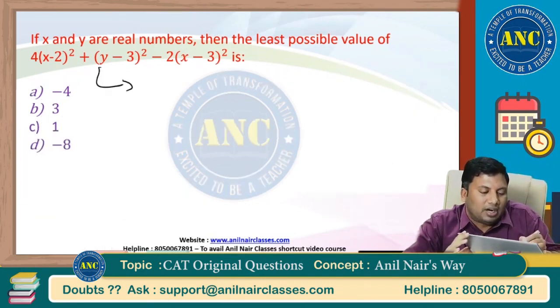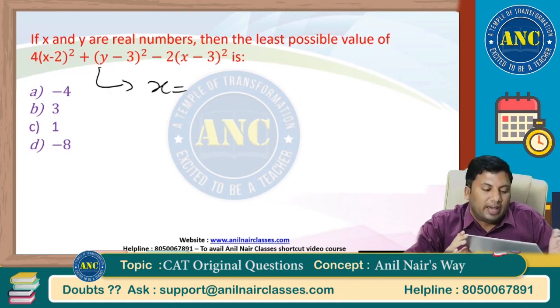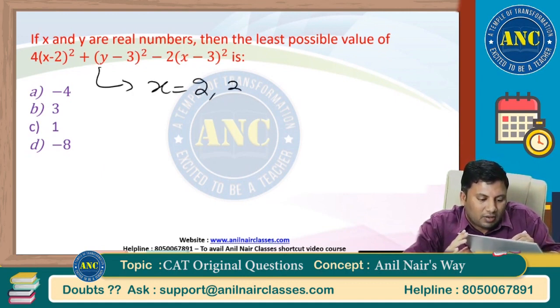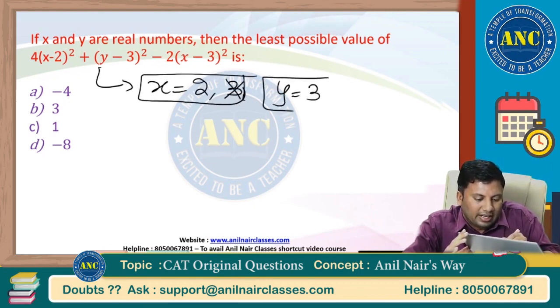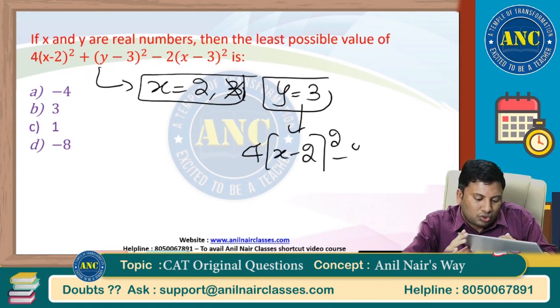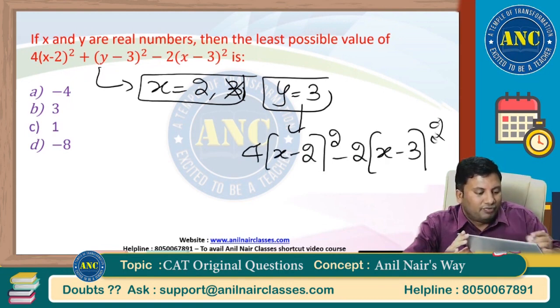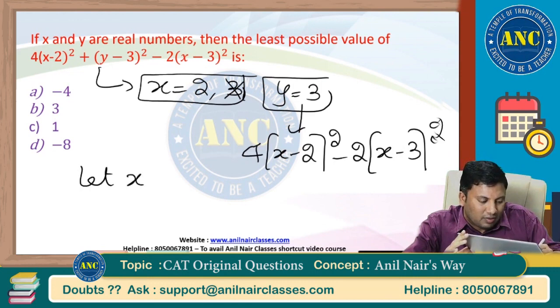Critical point is the point where the square terms will be 0. x equivalent to 2 and y equivalent to 3, I did. At y equivalent to 3, the equation became 4 into x minus 2 square minus 2 into x minus 3 square. Then I checked with x equivalent to 2.